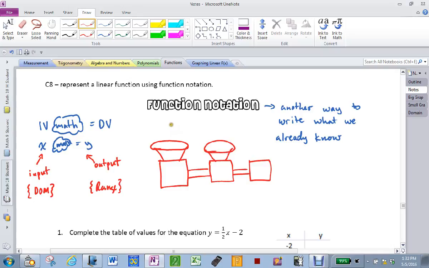You had an input of 10, and then you dropped it into the function machine and you added 2, and that got you 12. And then you drop that into the function machine and you divide it by 4, and that got you 3. And 3 became your output. Whatever. The point is you have seen it before.